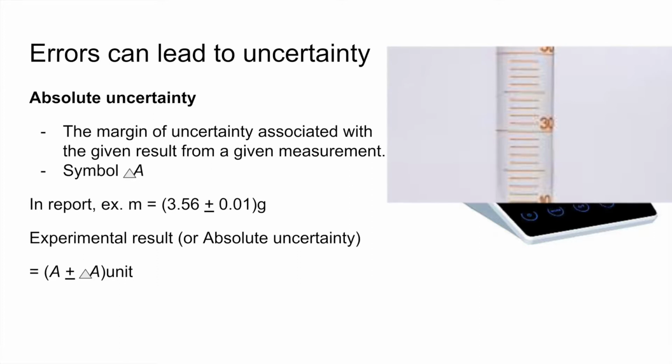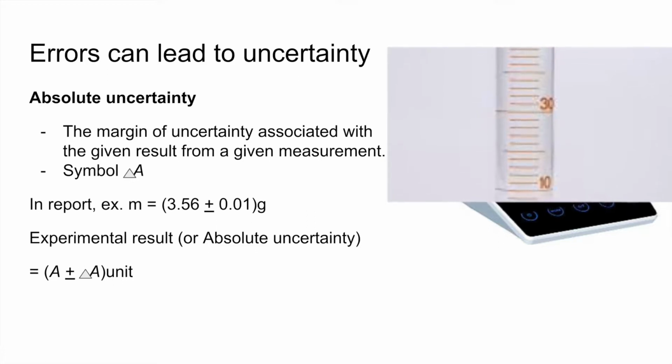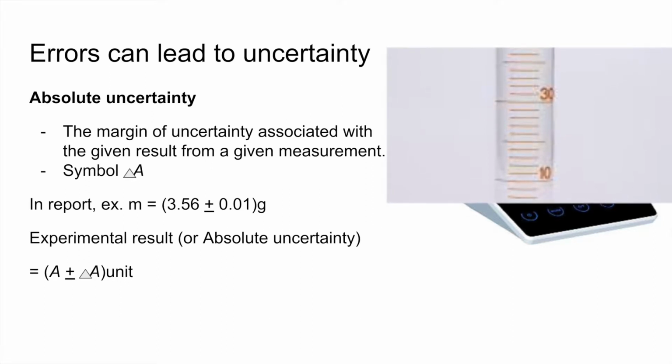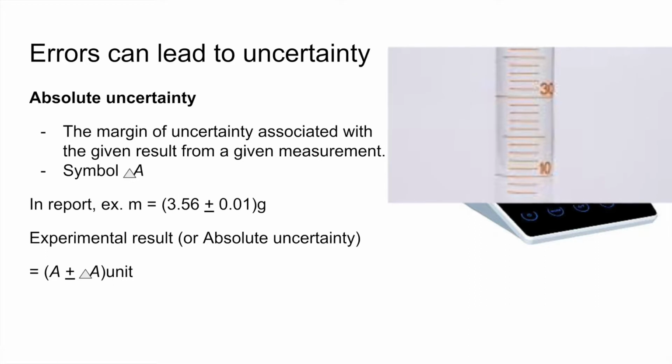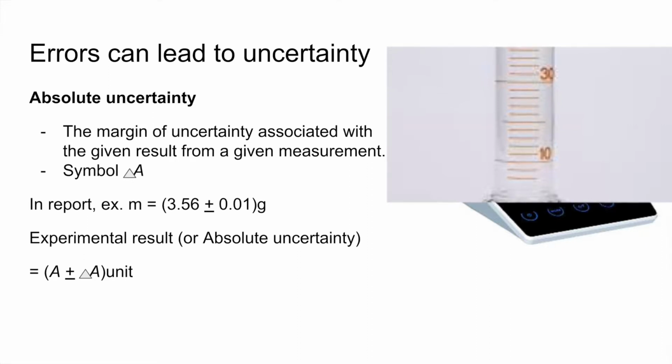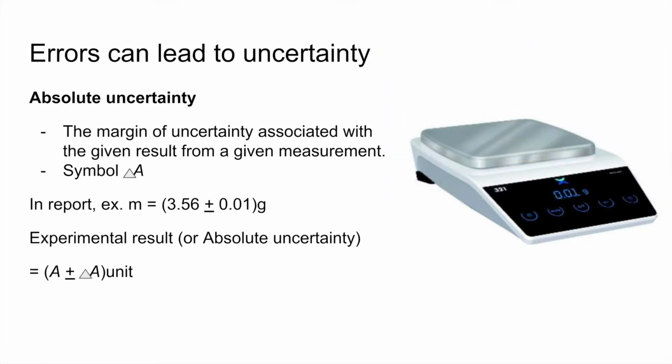Because the first time I do it, I have 0.5 error, and then I do it again, I have another 0.5 error. So my error becomes 1.0, right? We don't want to do that when we're measuring. So always choose the smallest gradation.